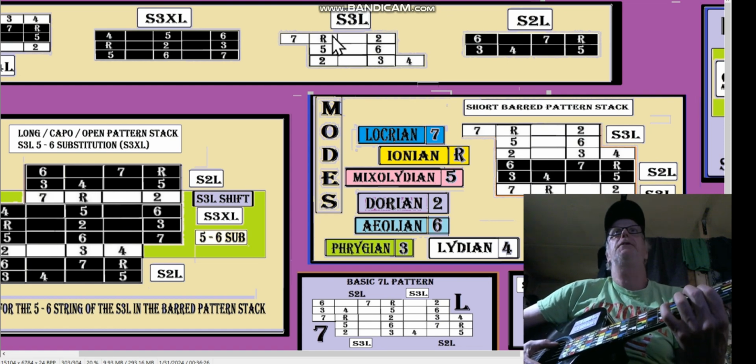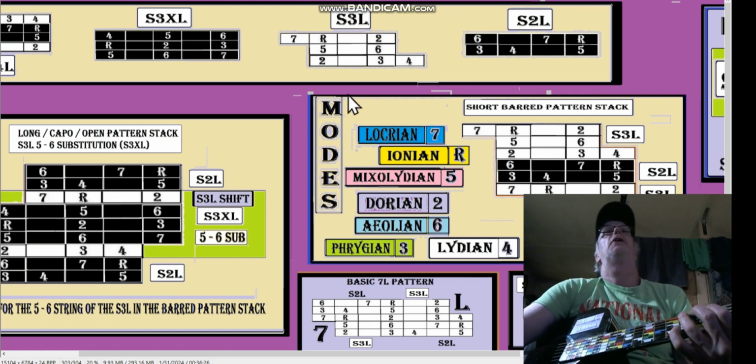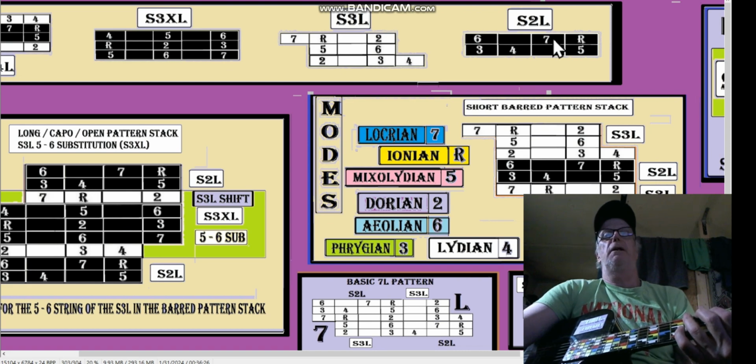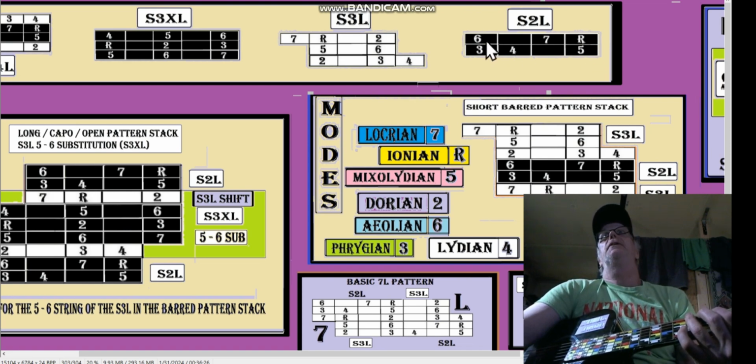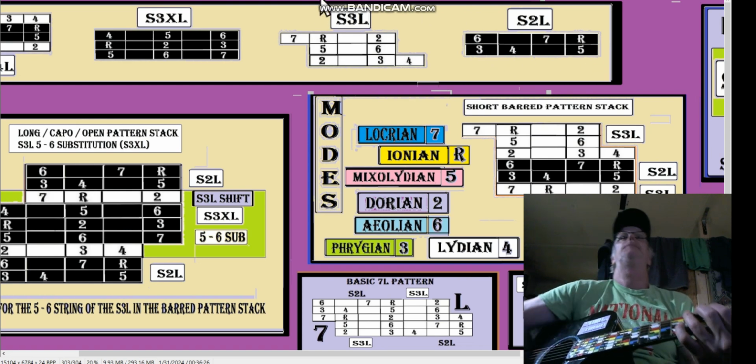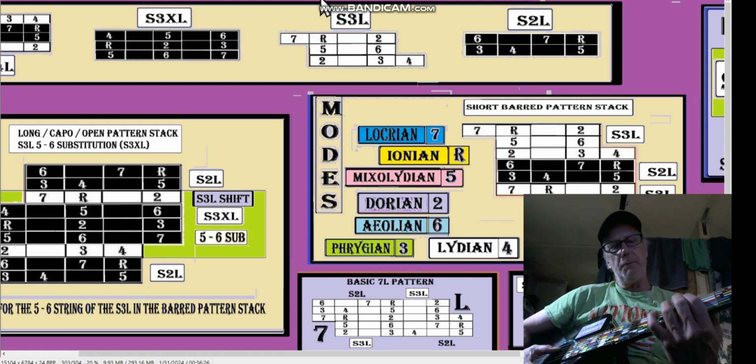What it is right here is this R2. Just strip off the 7 and the 4 from the S2L, and you're left with an S3S, a stack of 3 short and a stack of 2 long. You just put this rectangle and this rectangle together on top of one another, and you get the pentatonic scales.